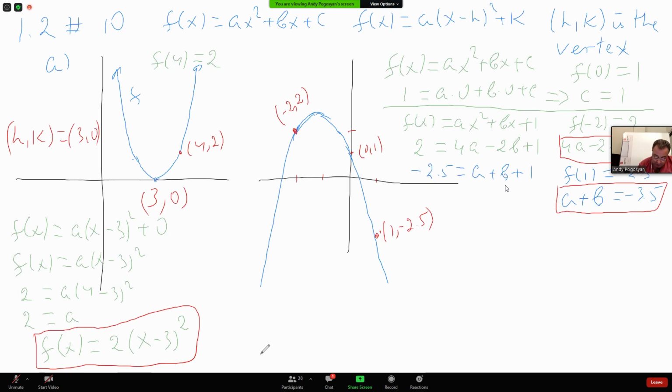So two equations, two unknowns. Let's write them here. 4a minus 2b is 1. A plus b is negative 3.5.